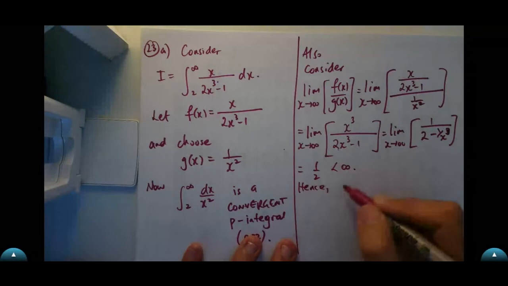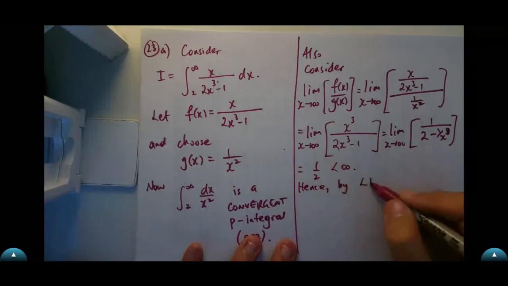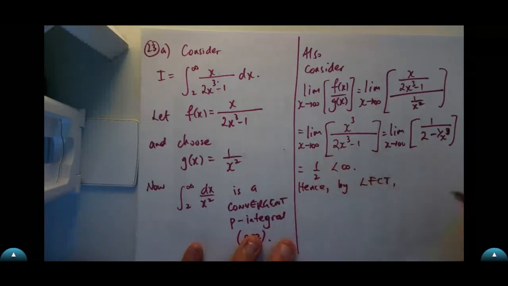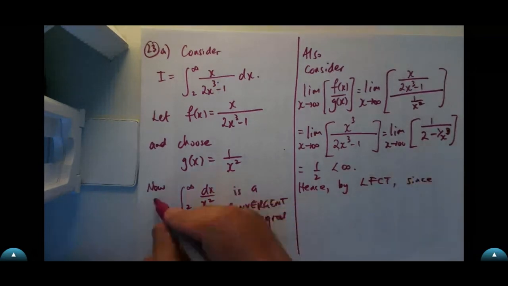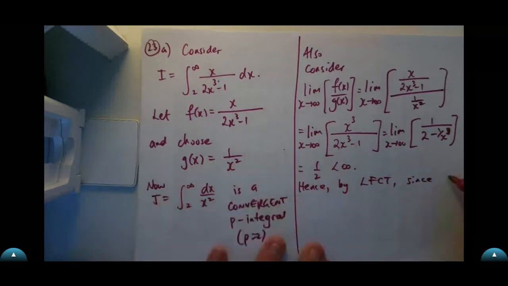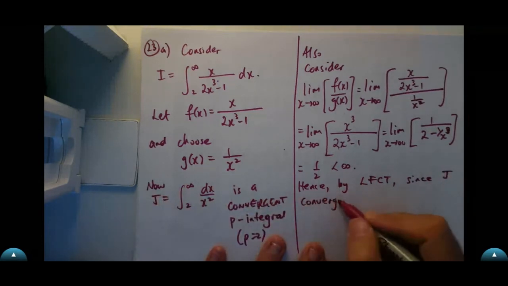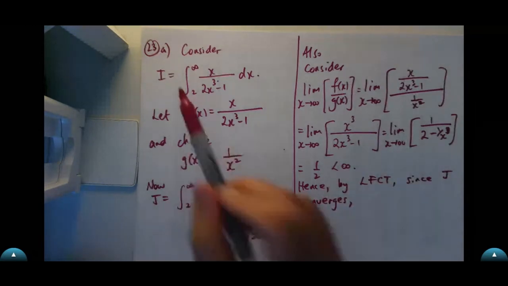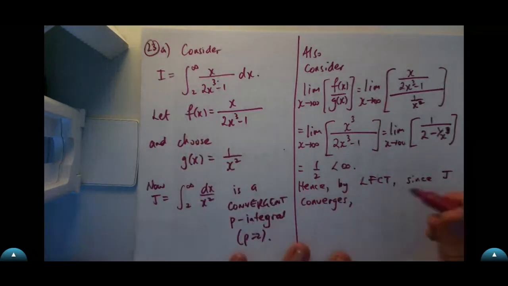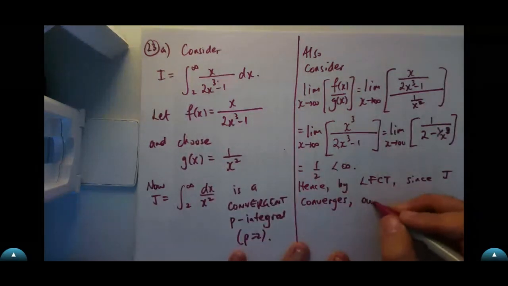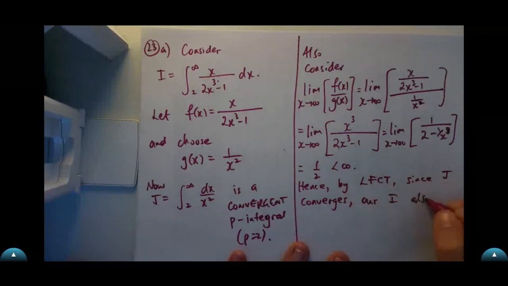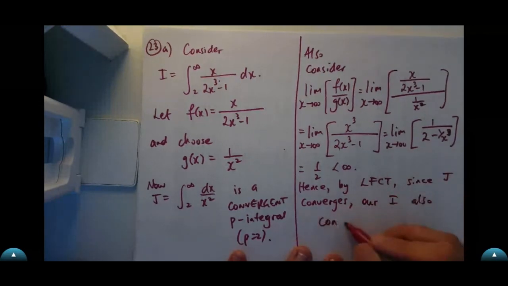Hence, by the limit form of the comparison test, let's call this J. Since our new integral converges, the original integral also has the same behavior. It also converges. Okay?